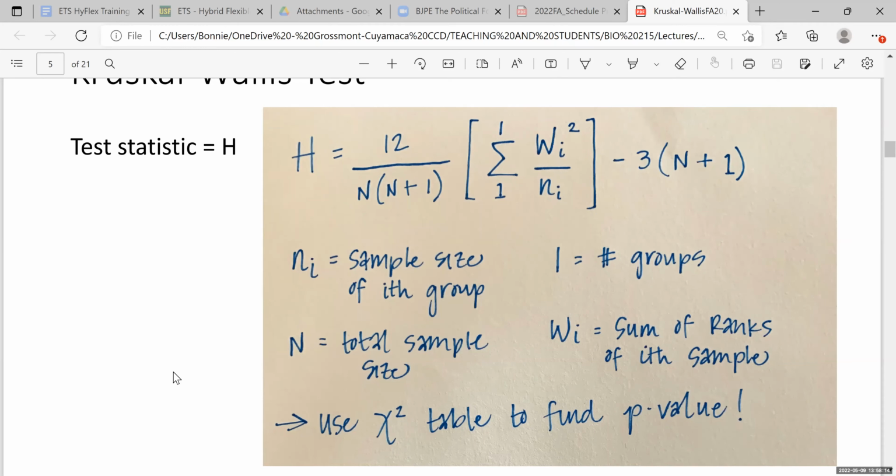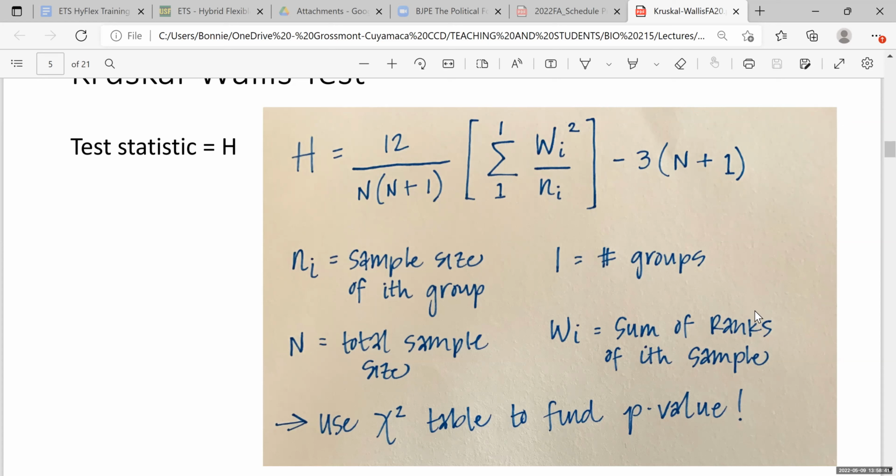So our first treatment group is going to be little n sub 1. Little n sub 2, our second treatment group. It's nice if they're all the same as one another, but they don't have to be. So little n sub i's could be different than one another. Again, capital I is the number of groups, and then we're going to find this value called capital W sub i.